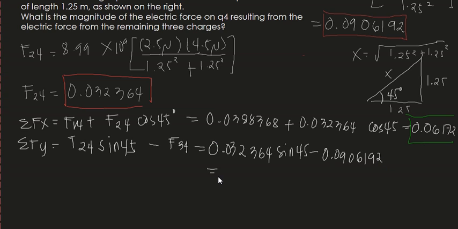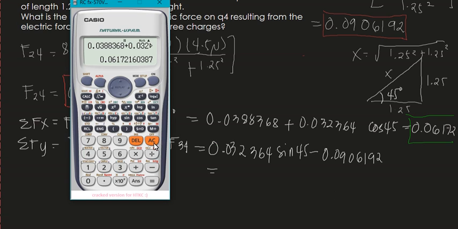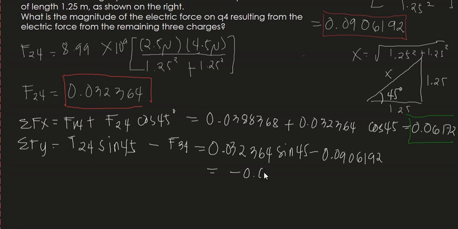So we are going to solve this: 0.032364 sine 45 minus 0.0906192. So this is equal to negative 0.0677.